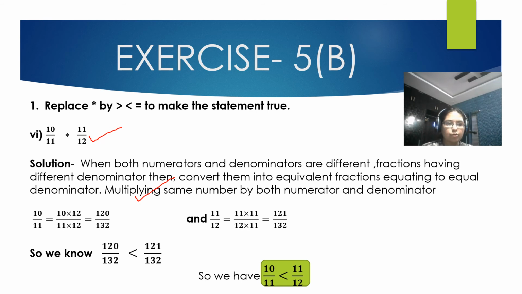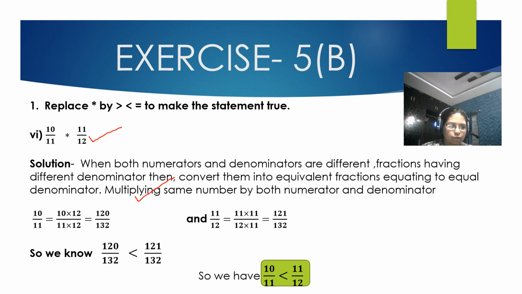So first we have to find the LCM of the denominators 11 and 12. Here the LCM of 11 and 12 is 132. So we have to convert 10 divided by 11 into an equivalent fraction with the denominator equal to the LCM, that is 132.